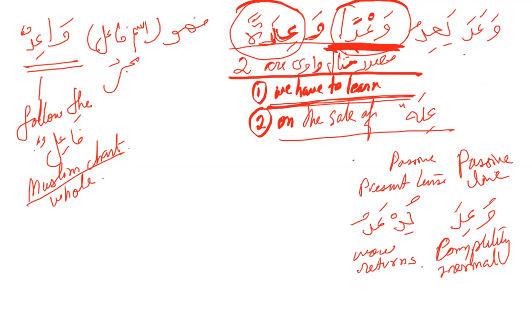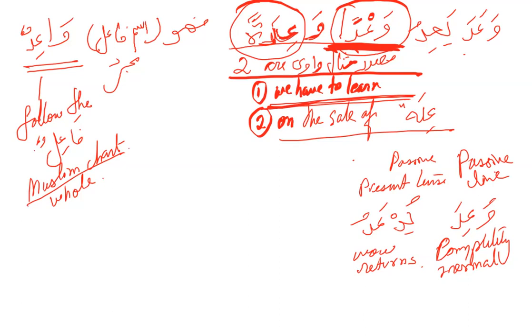Can somebody do the conjugation of yu'adu? Yu'adu, yu'adani, yu'aduna. Tu'adu, tu'adani, yu'adna. Tu'adu, tu'adani, tu'aduna.